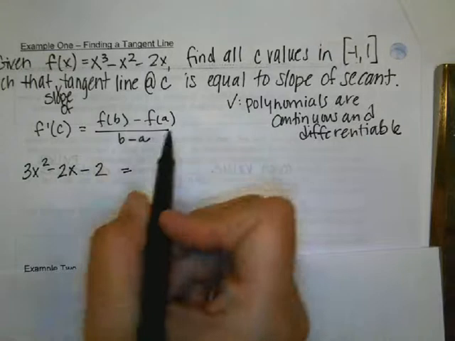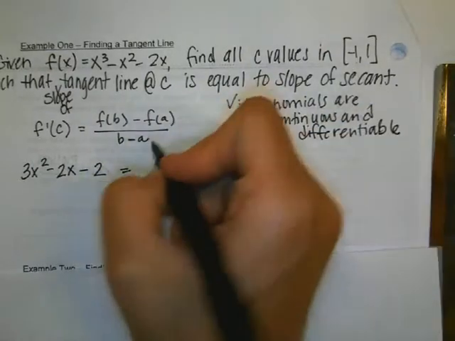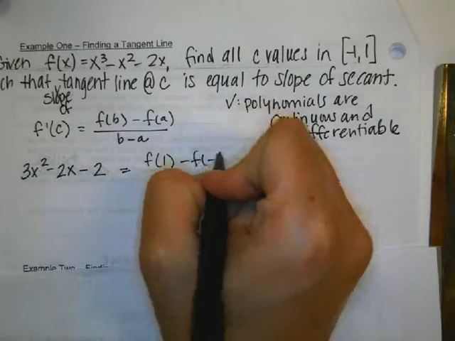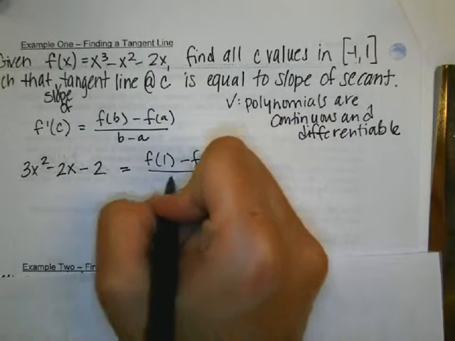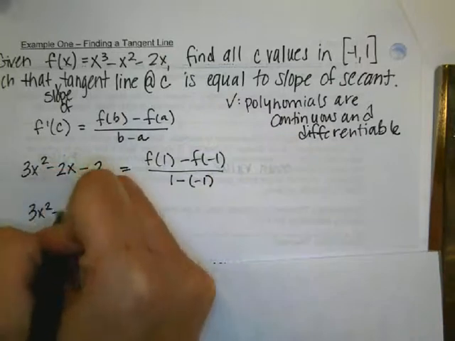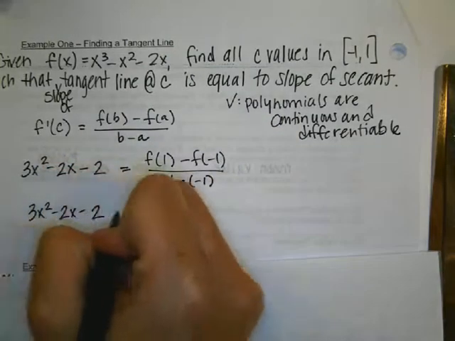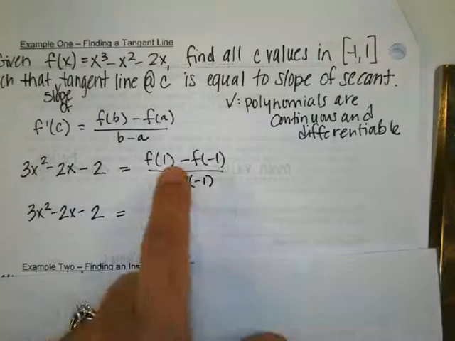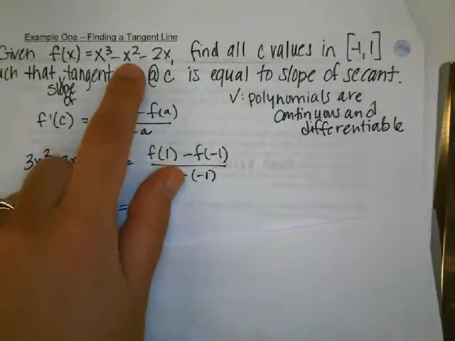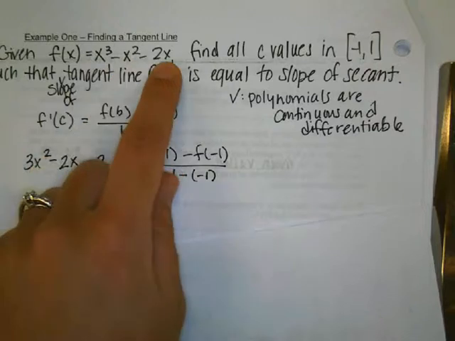Well, my average rate of change is going to be f of 1 minus f of -1 all over 1 minus -1. So if I punch that out, if I plug in 1, I get 1 minus 1 minus 2. So I get -2.